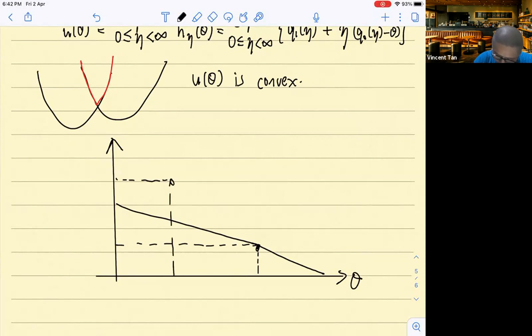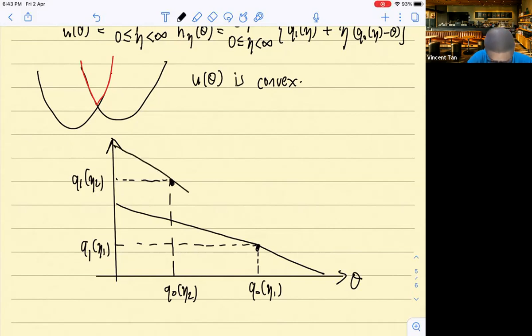Okay, and this is another operating point. That is q0 of eta 1, q1 of eta 1. This is q0 of eta 2, q1 of eta 2. So now we have another line like this, and this is a steeper slope.